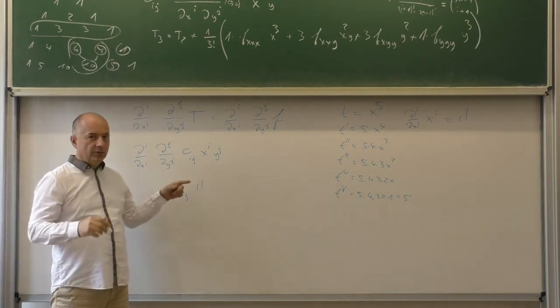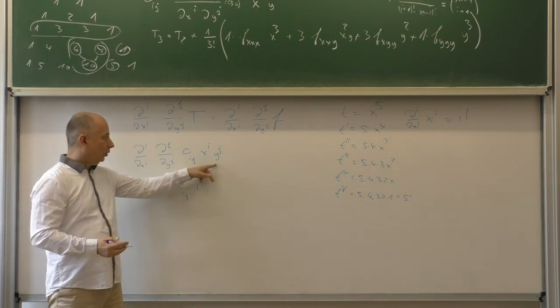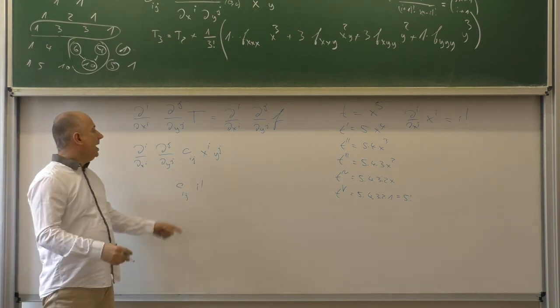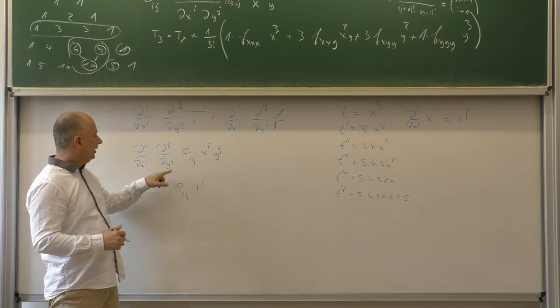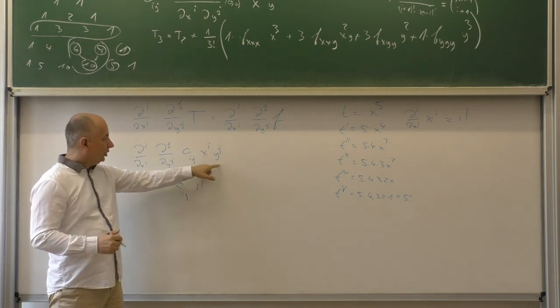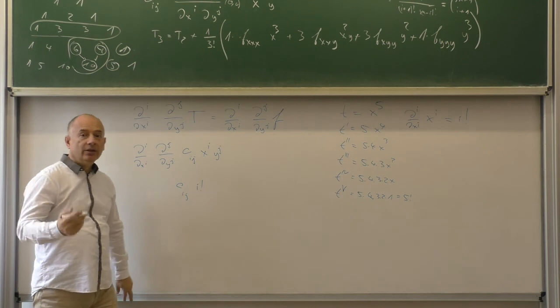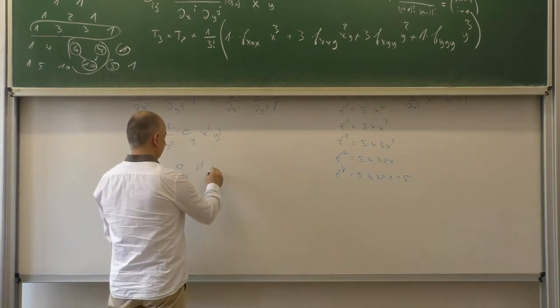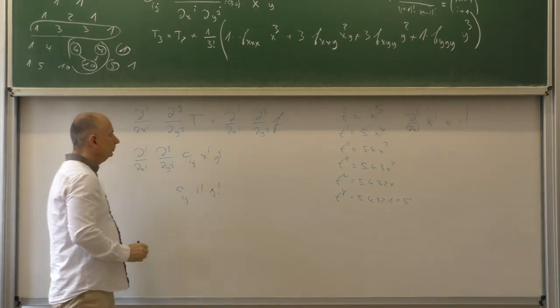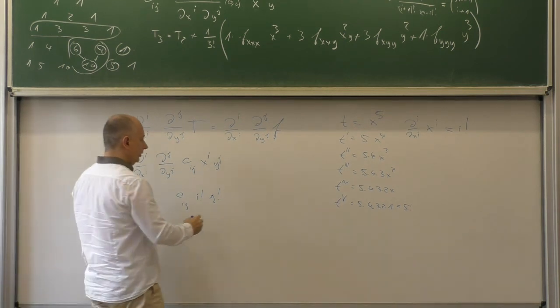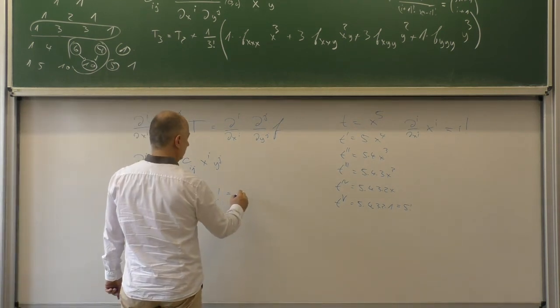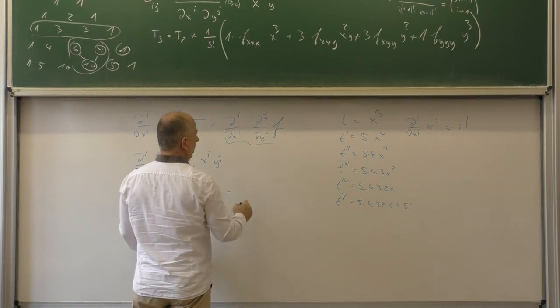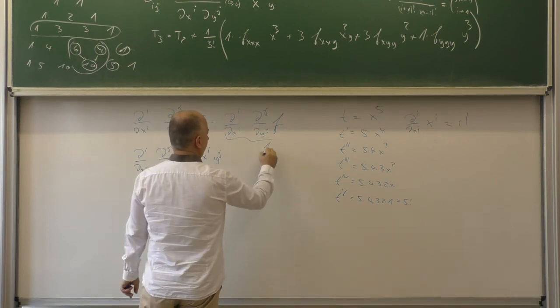So when x to i is differentiated i times, we have i factorial. And when differentiated with respect to x, partial derivative, y is a multiplicative constant. And then when we differentiate y to j, j times, we get j factorial. And we want this to be equal to this expression, let's call it for simplicity F_ij.